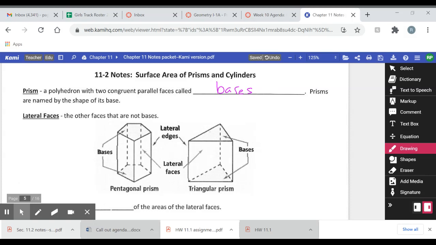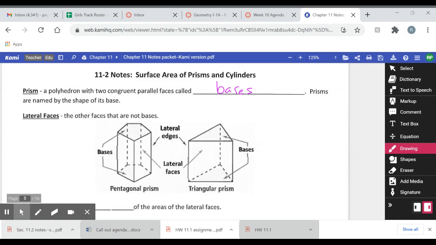The bases can be any polygon, anything made up with the straight edges. And then the lateral faces that connect the two bases are generally going to be a rectangle or a square. And those lateral faces go around the figure from there.